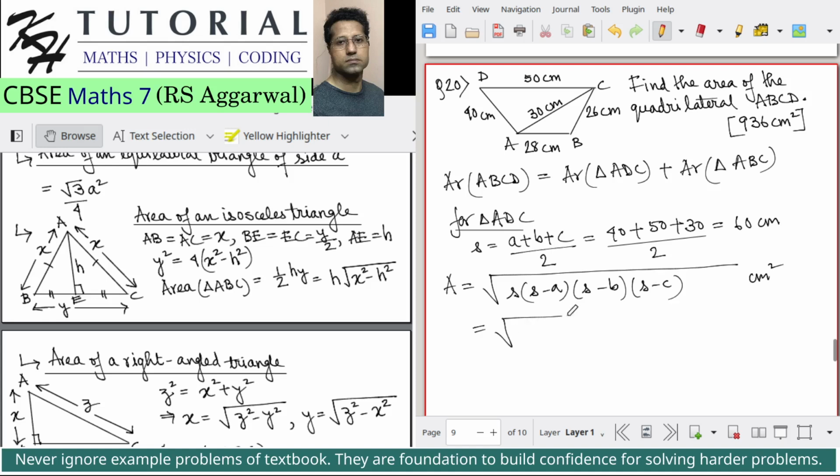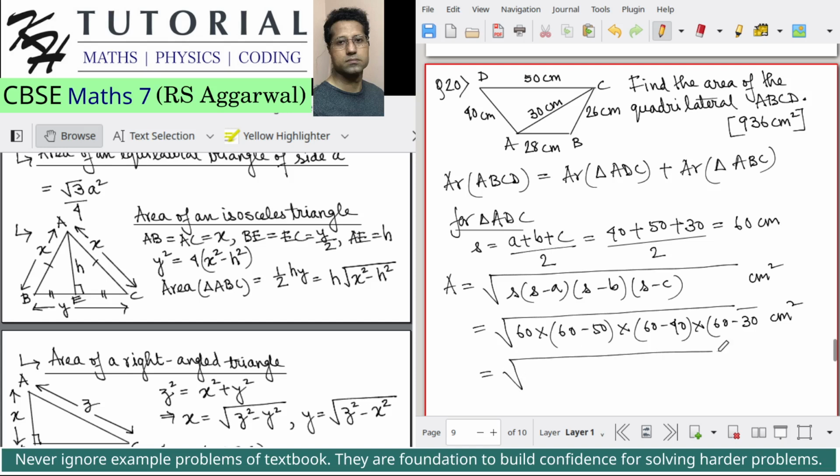So this is equal to S is 60, multiplied by 60 minus 50, multiplied by 60 minus 40, multiplied by 60 minus 30, this much centimeter square. This is equal to square root of 60 multiplied by 10 multiplied by 20 multiplied by 30 centimeter square.